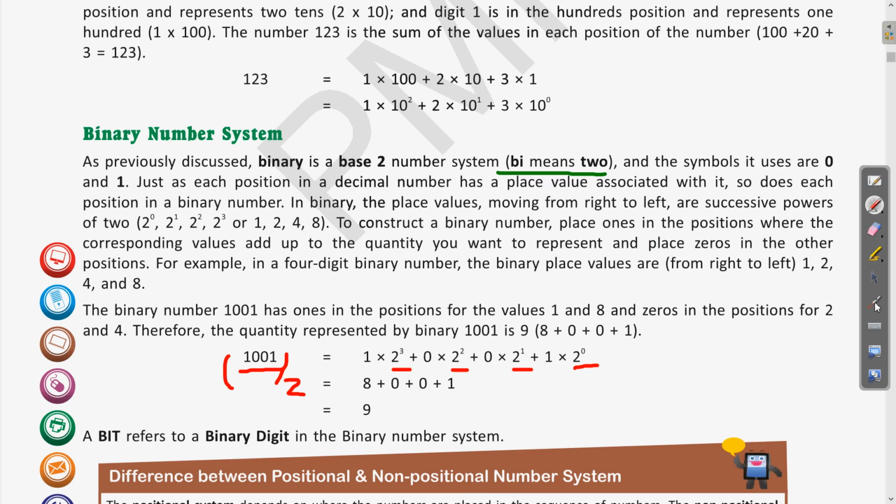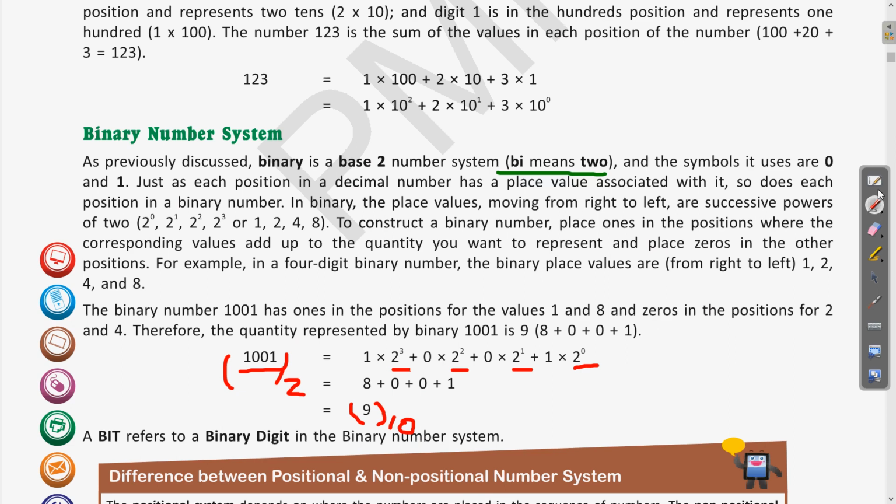Then 2 to the power 3 becomes 8. So 8 plus 1 becomes 9. Now this 9 which we have got is in decimal, that is base 10. So we have converted this binary into decimal.